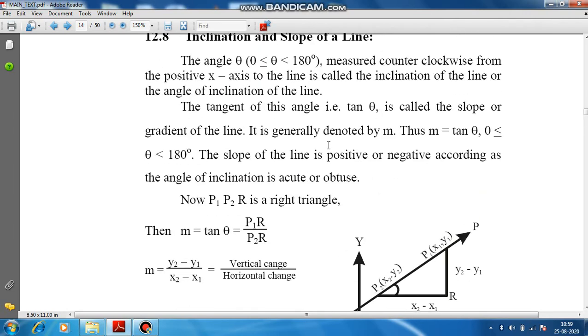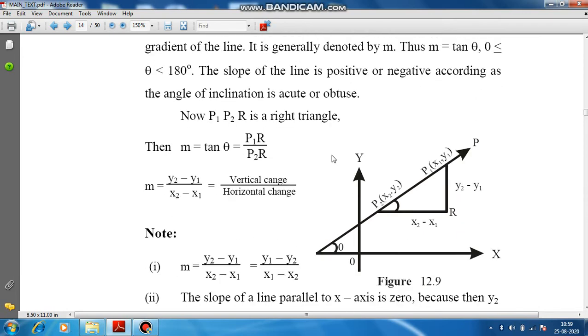To know the slope, we have to know there are two types of angles: one is positive angle, the other is negative angle. Suppose this is theta angle. Here you see, this ray is obtained from this ray by rotation about this point.